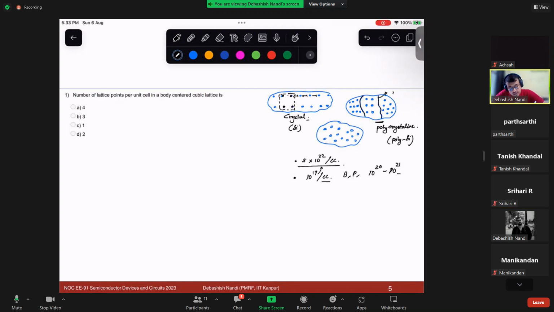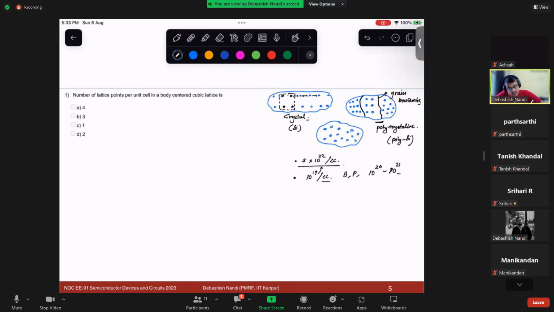Grain boundaries. And why are these important? These play into your scattering process also. When the electrons are moving in the crystal, they can get scattered by these grain boundaries also.